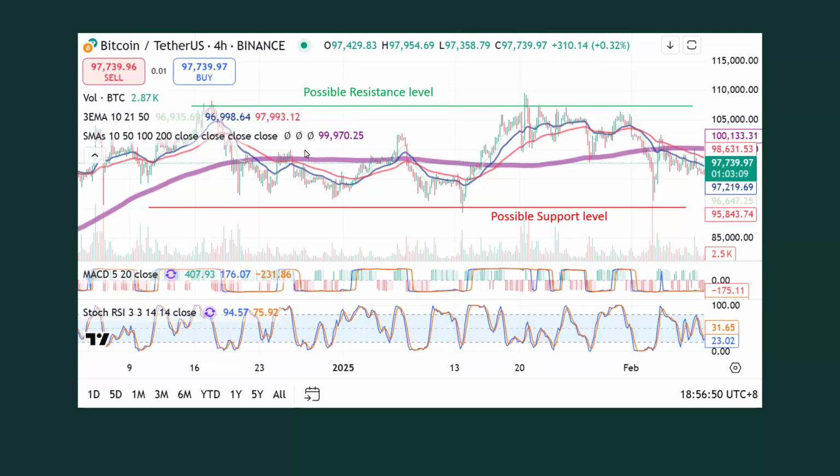So these are support levels. This line over here is probably also a possible resistance level at that time. So we can plot the resistance level and support line by working on the graph that shows the historical data.